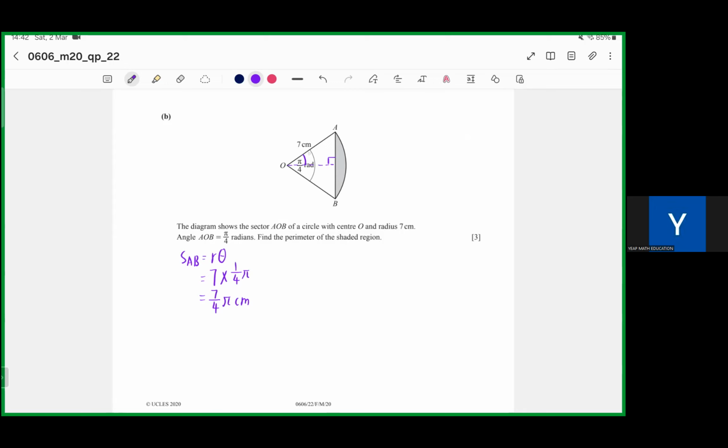Okay, here I got 1 over 8 pi here. So I sketch here as a detail for you. So 1 over 8 pi, 7 cm. So we just find the length here only. We can use trigonometry to solve it.